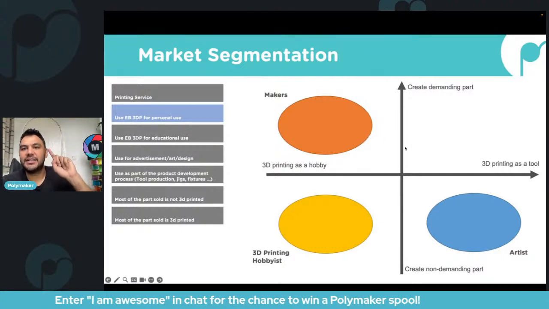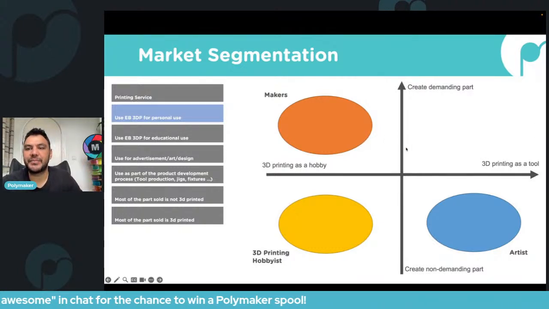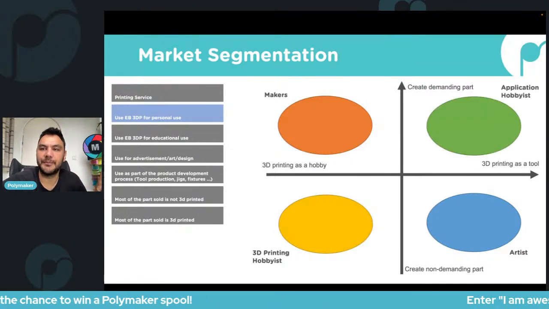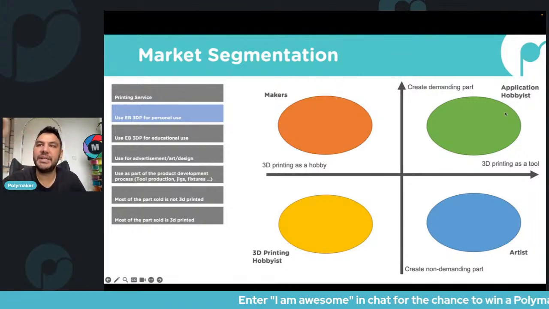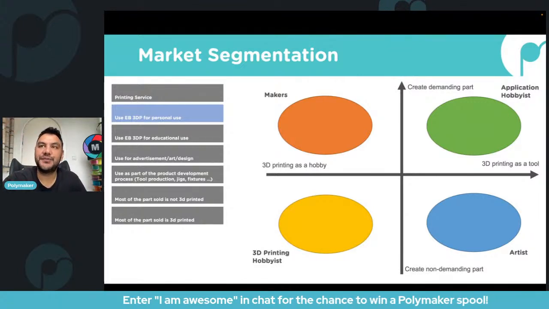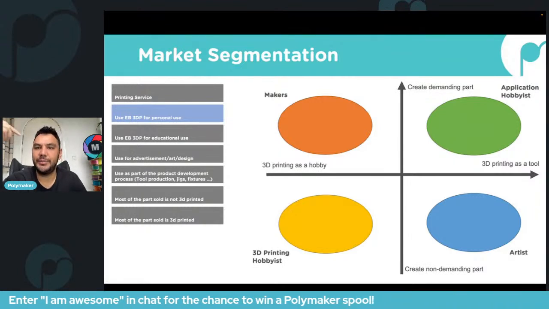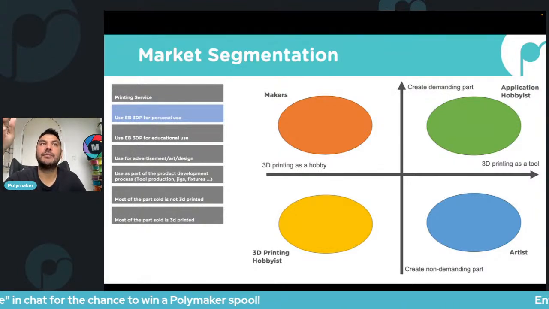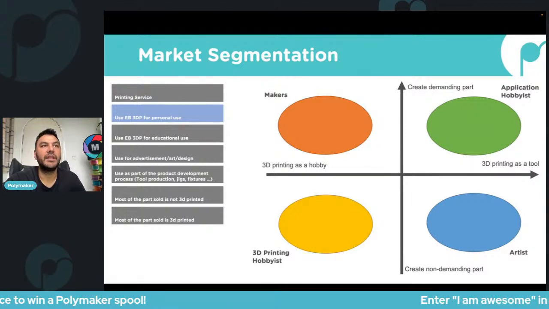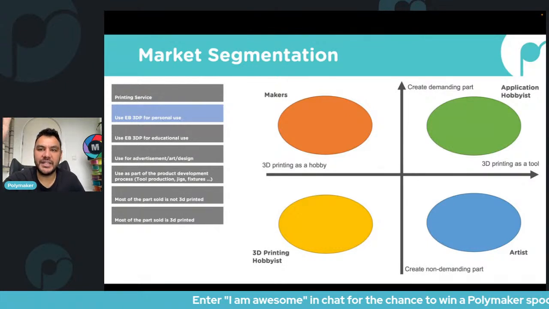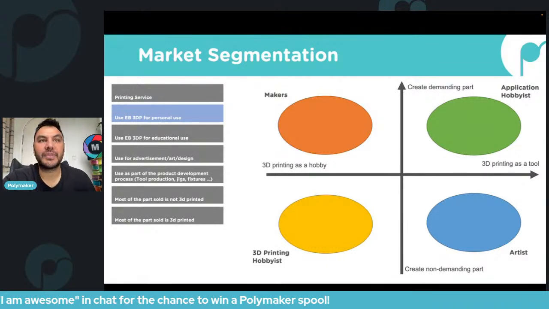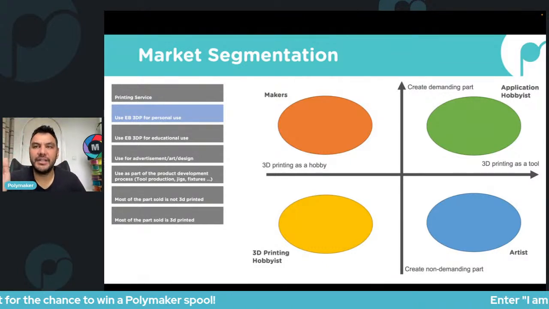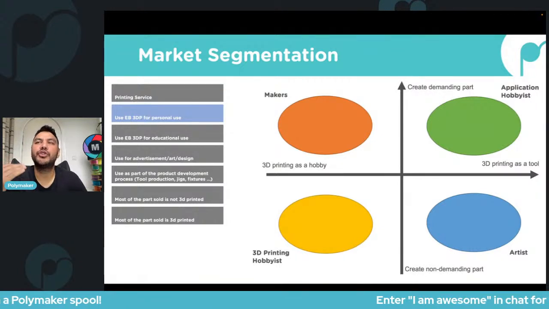Okay, the last one is the making part, where you use 3D printing as a tool. I call them the application hobbyist, and for me it's the biggest segment. For example, Dr. Quad is, I think, toward that application hobbyist side, which means he likes 3D printing, but it's more a tool for him.